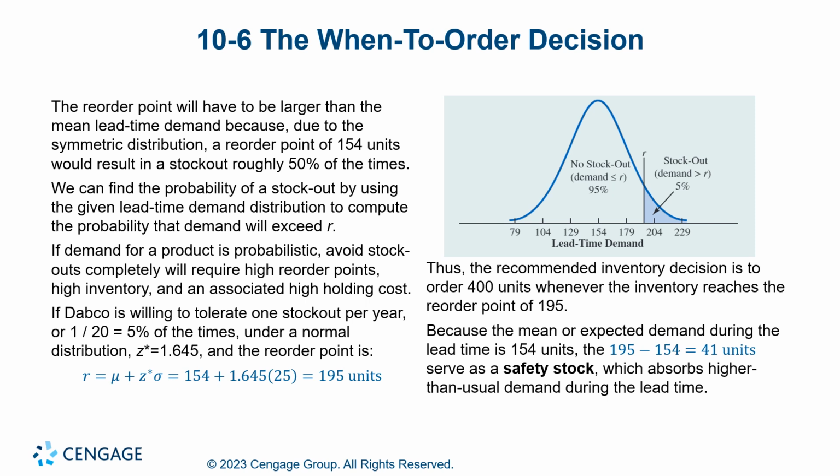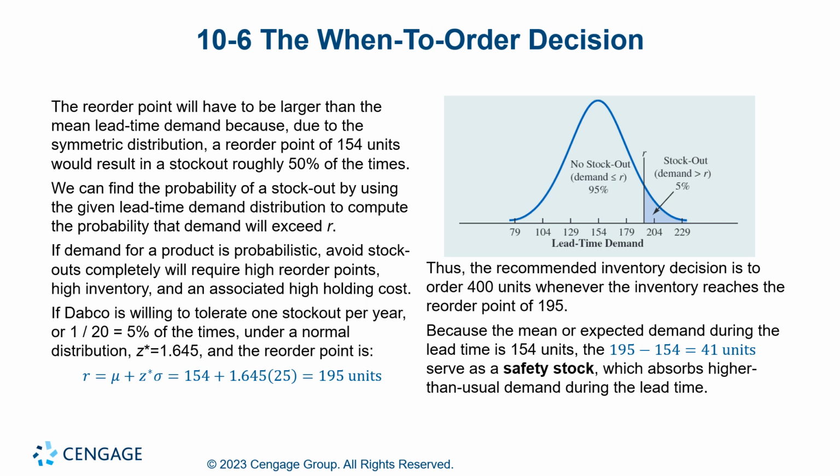If demand for a product is probabilistic, a manager who will never tolerate a stockout is being somewhat unrealistic, because attempting to avoid stockouts completely will require a high reorder point, and therefore it will result in high inventory and an associated high holding cost.